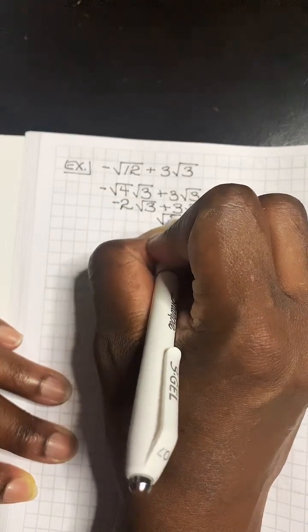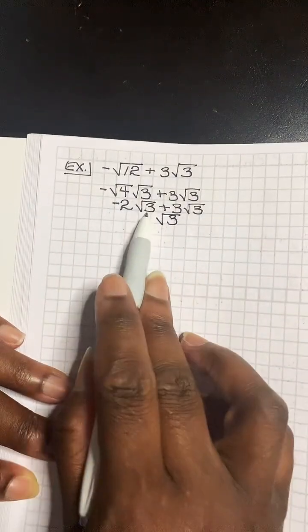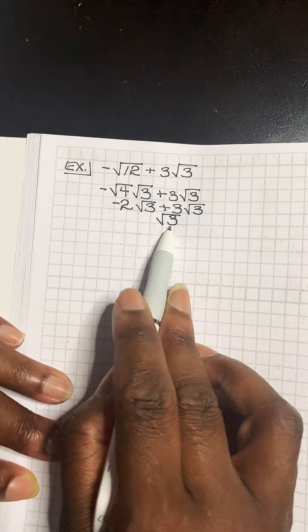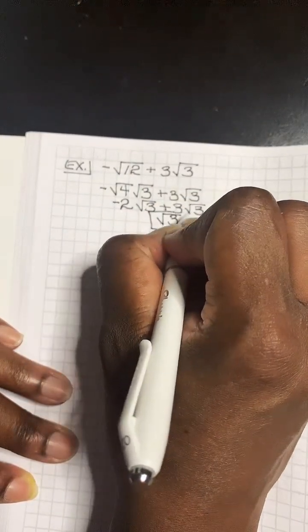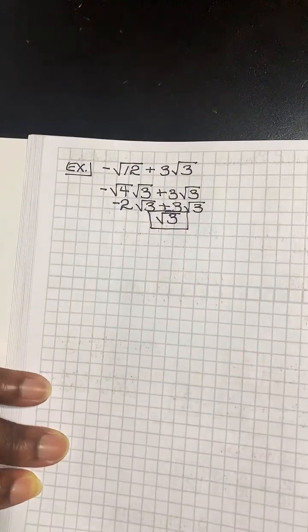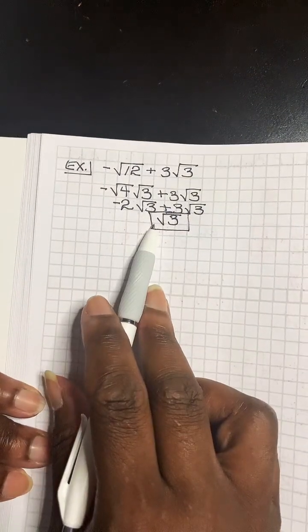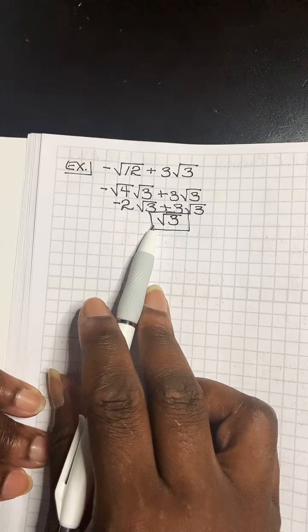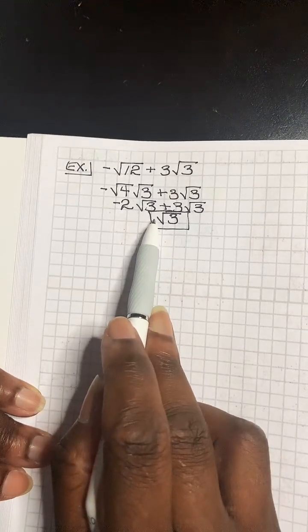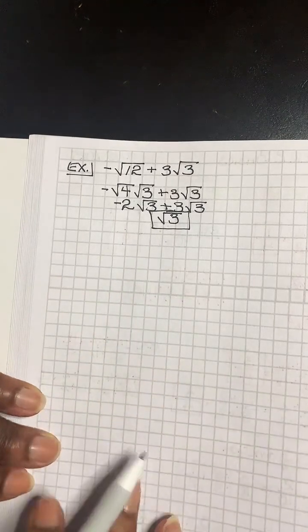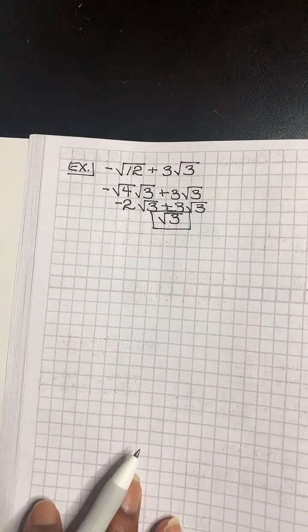And I can bring down the common radical, which is the square root of 3. So this is your answer. You could put the 1 in front. Have fun with it. Make it jolly. But it's not necessary because it's always assumed that a 1 is there when there's nothing there. Okay?